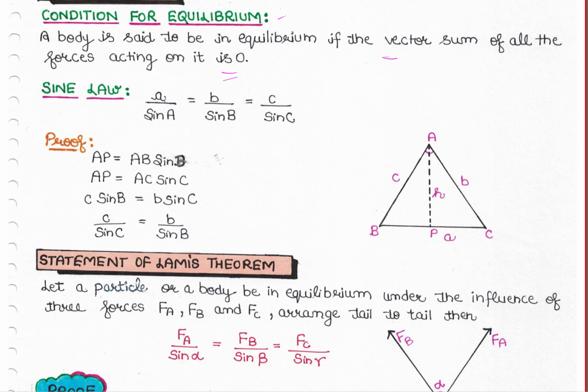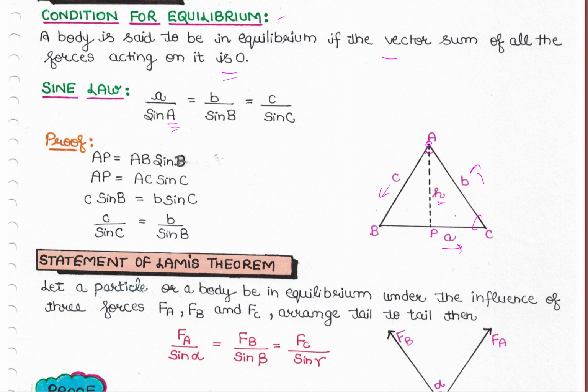Now, what is the sine law? If we have a triangle, this is our A, this is our B, and this is our C, and the height of the triangle is h, so you can write A by sine capital A is equal to B by sine capital B is equal to C by sine capital C. And this angle capital A represents this angle.